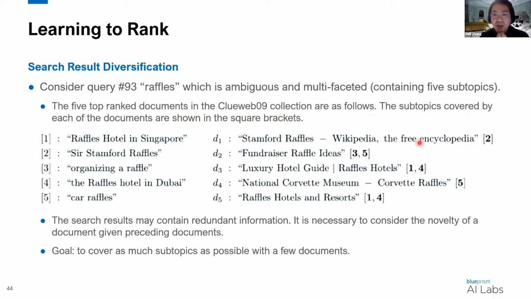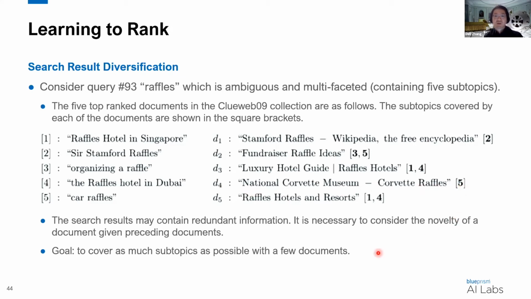Each document may contain some subtopics, and for each document here, we have the subtopics covered by that document shown in the square bracket. So for example, document D2 would cover subtopics 3 and 5, whereas document D4 would cover only subtopic 5.